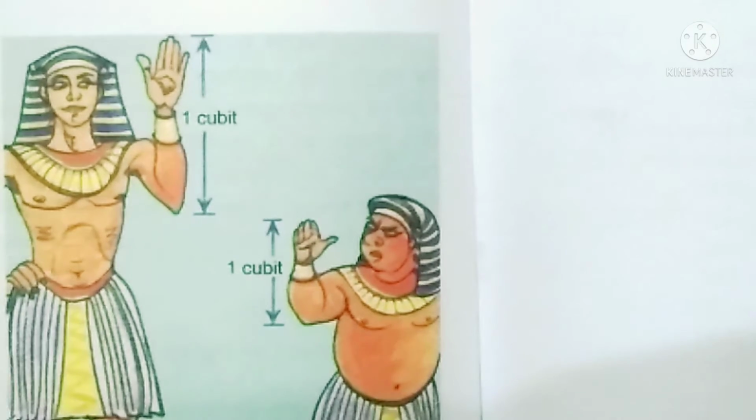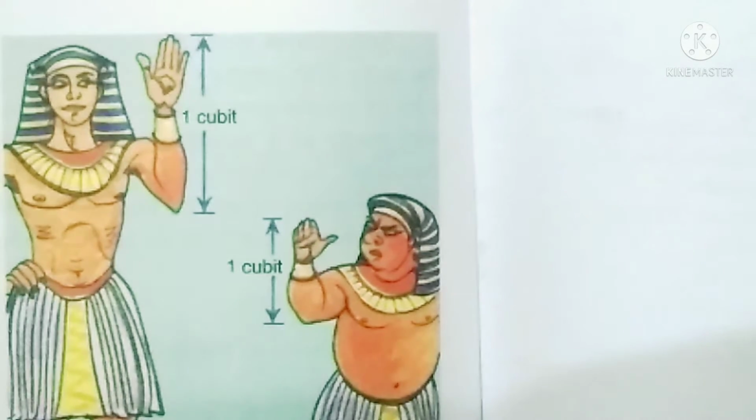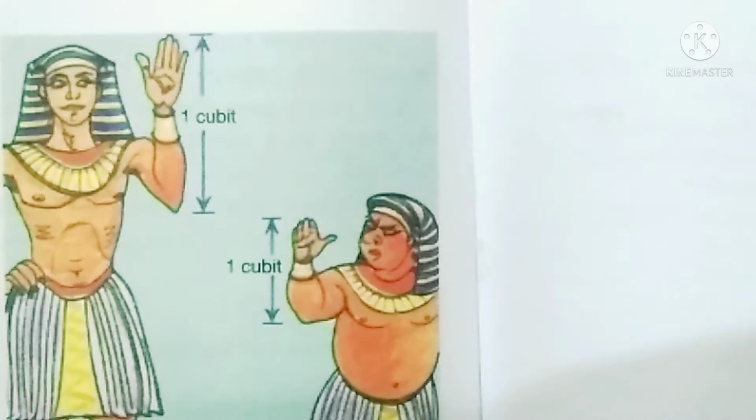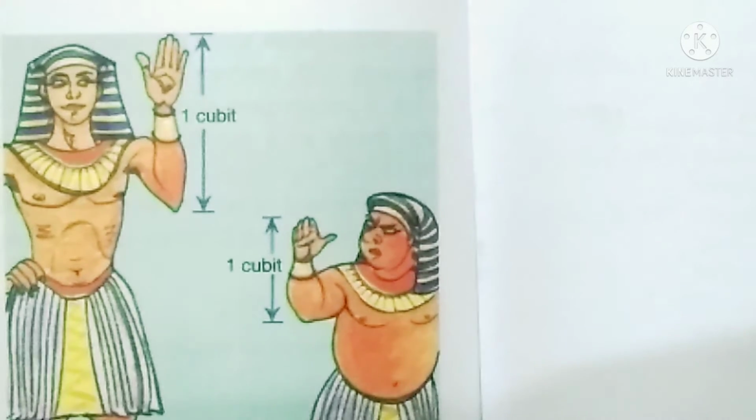So a measurement which has a fixed value everywhere or with anybody, which does not change from person to person and place to place, is called a standard unit of measurement. So it is very much necessary to have a standard unit of measurement for the sake of uniformity in measuring.